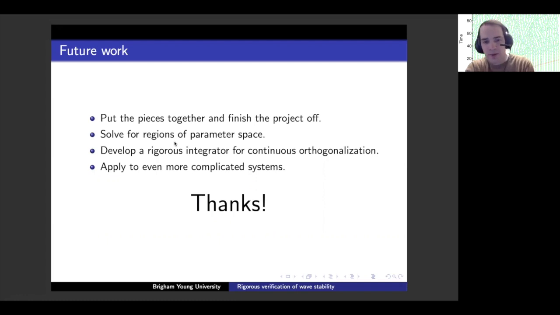That would be a more complicated system. We'll be applying it to more physical systems that are even larger dimensional, have more terms, are more complicated. Fortunately, for some of those, the profile is the same, so there's a little bit of work that will carry over.